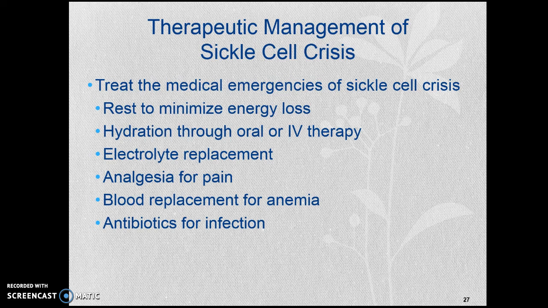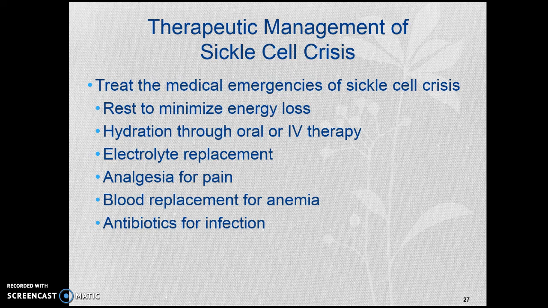The next thing you'd want to do is administer an analgesic for pain. And there's a certain kind of analgesic you want to use. You want to use something like morphine or Dilaudid because it causes vasodilation. And the vasodilation also allows for passing of the blood cells and reduces that clumping.